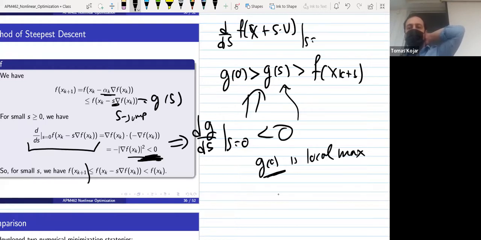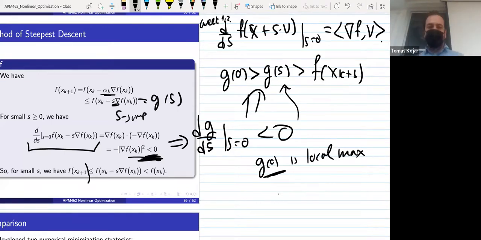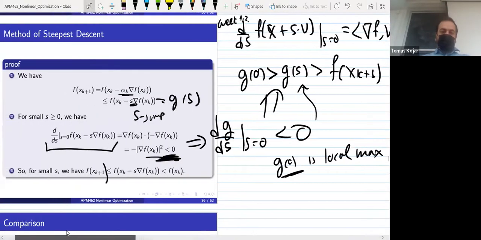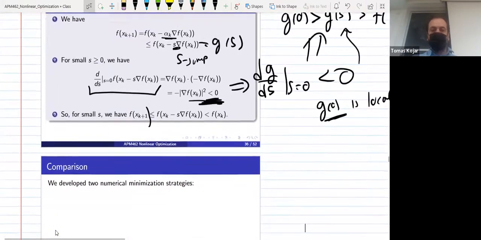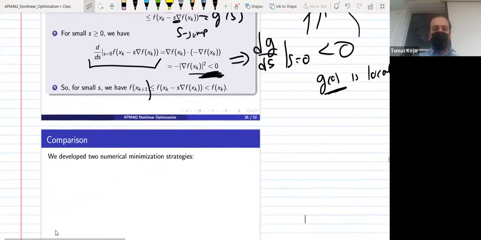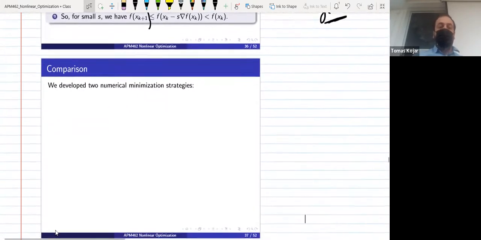I proved that this is equal to the dot product of the gradient with v. I think this is week 1 or 2, probably 1. All right, so that was it. And the heart of the proof was this gradient descent that we talked about already. And that's why gradient descent converges or minimizes.